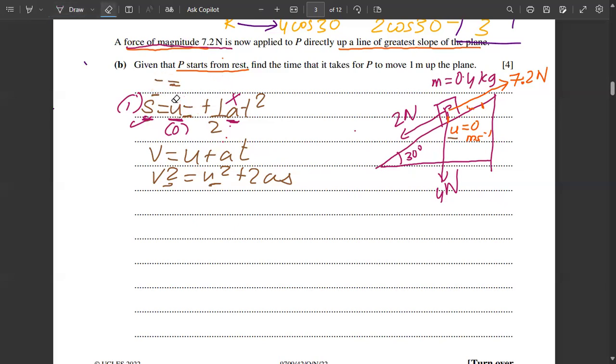So let me erase everything right here. I hope you have understood what I'm talking about. If not, I'll explain again. Just wait a minute. Let me explain.